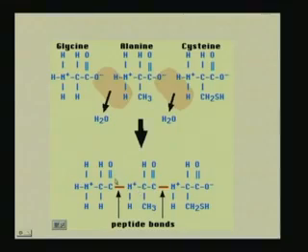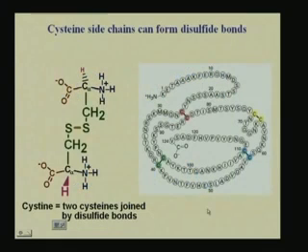As you can see, this is glycine because it has 2 hydrogens, this is alanine because it has just the methyl group attached to it, and this is cysteine because it has the SH group attached to it. And we found out also that this cysteine amino acid can form what is called a disulfide linkage.